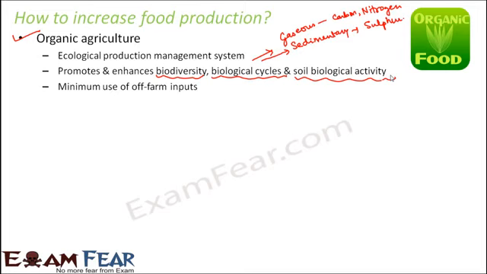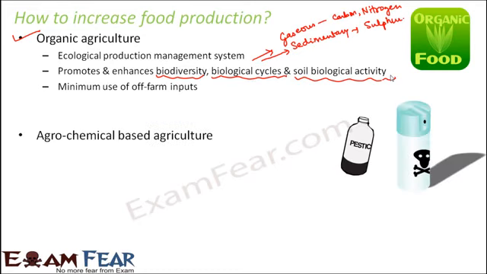So as I said, in organic agriculture, we emphasize minimum use of off-farm inputs, and off-farm inputs are non-farm inputs. The next one is agrochemical based agriculture. Now what is agrochemical based? Agro is derived from the word agriculture, and chemical we know is chemicals.